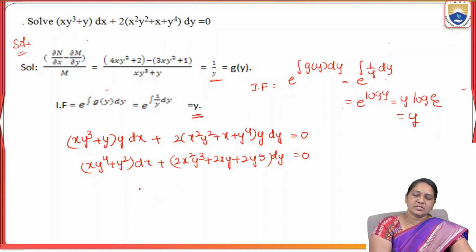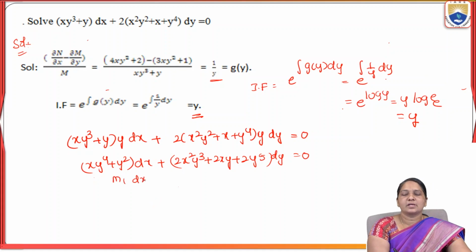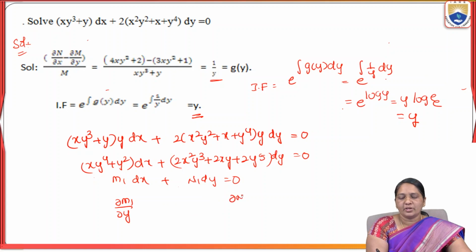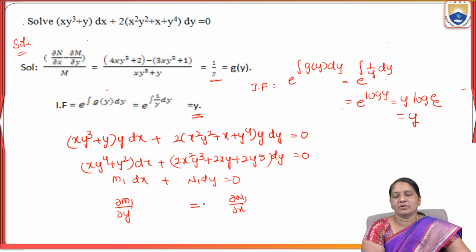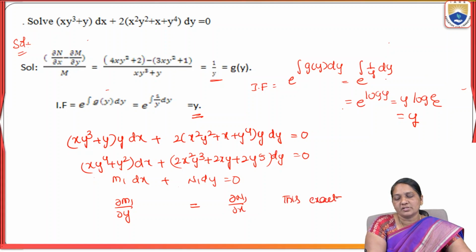Now this is in the form M1 dx + N1 dy = 0. Here we check ∂M1/∂y and ∂N1/∂x. We get these two values equal. So this is an exact differential equation.